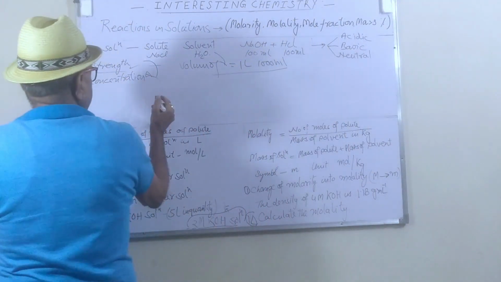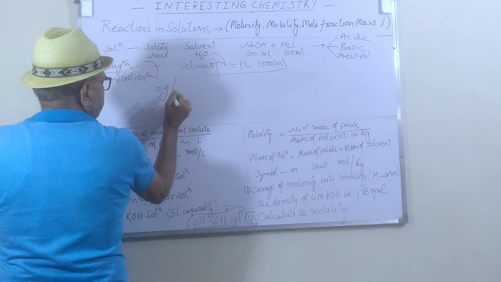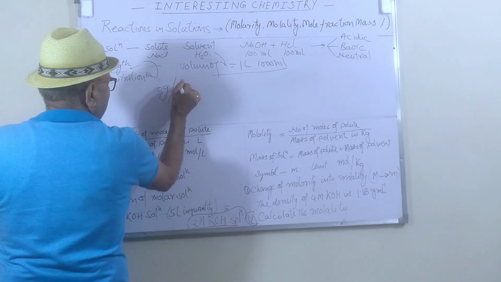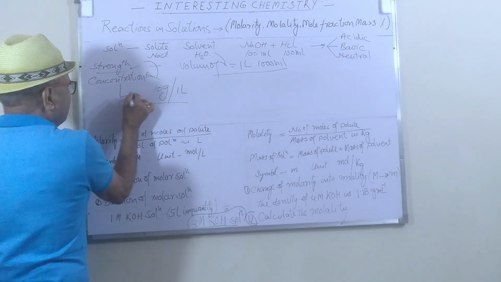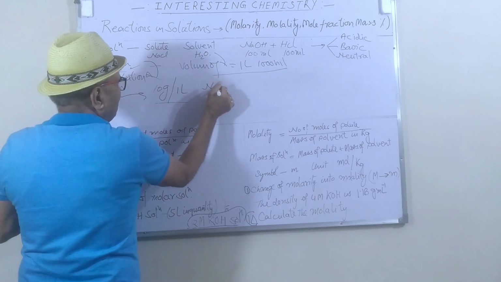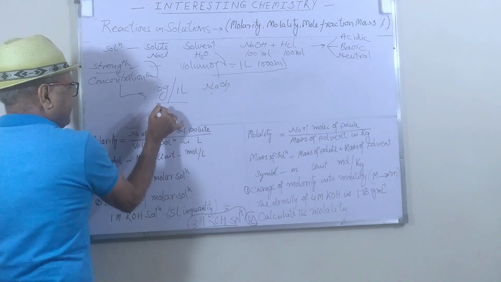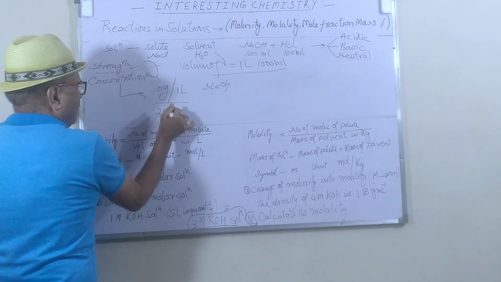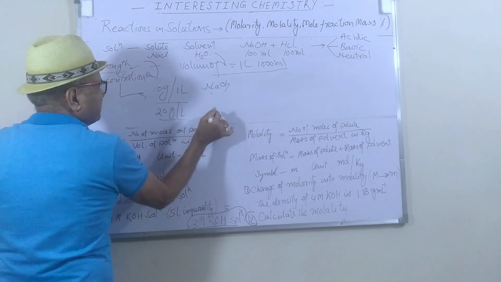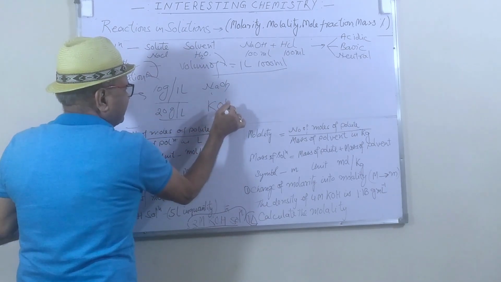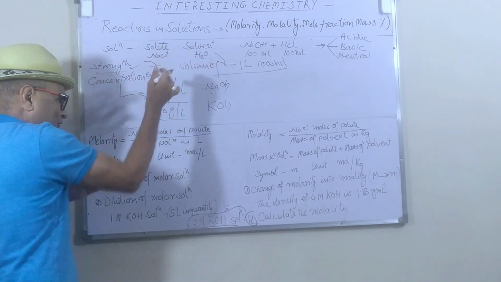If 10 gram NaOH is present in 1 liter solution, this is the concentration of NaOH. If 20 gram of NaOH or KOH is present in 1 liter, this is the concentration of the solution.